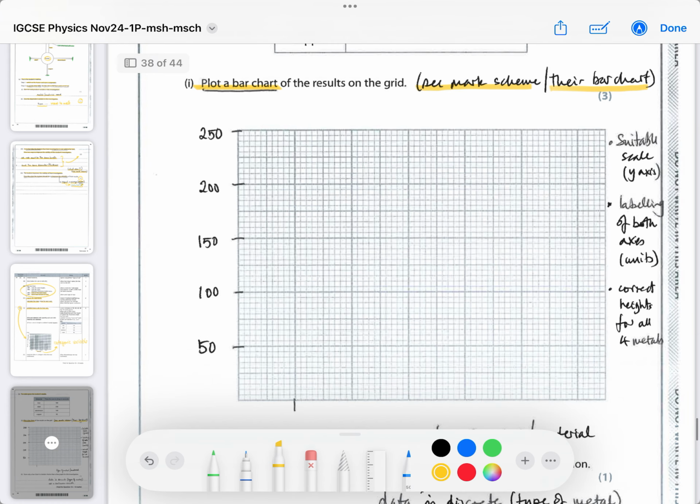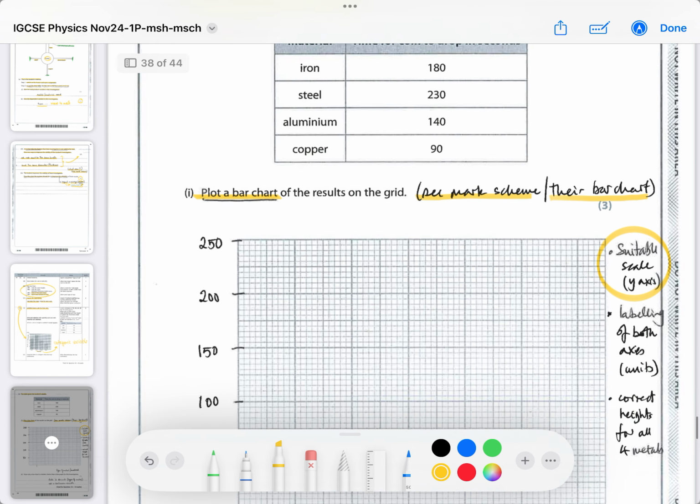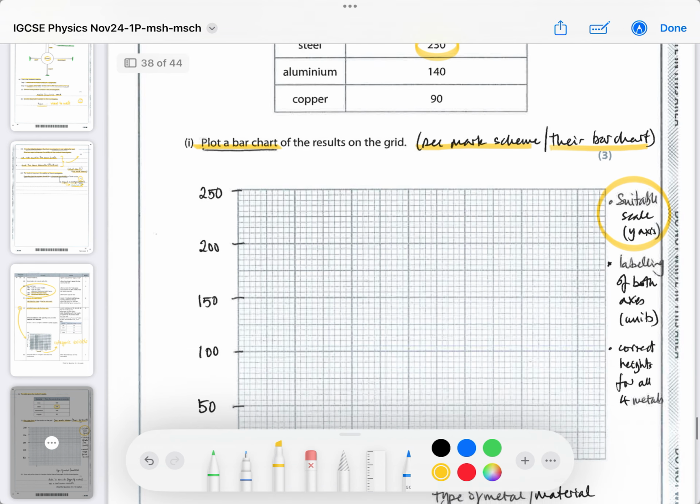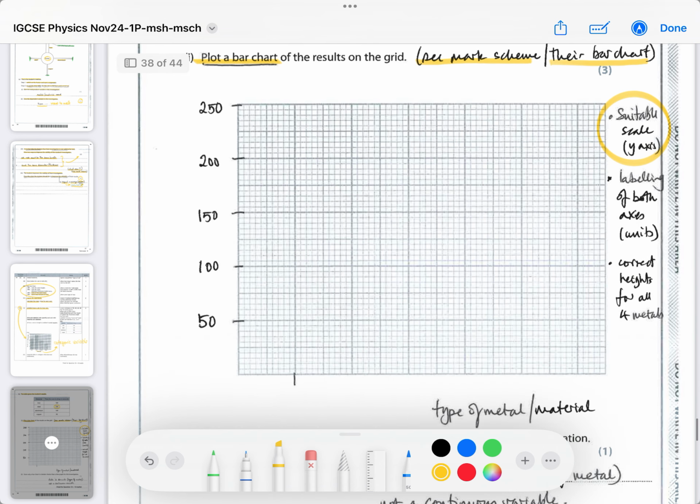You've got to make sure you've got a suitable scale on the y-axis. So going up in 50s would be a suitable scale because it goes up to a maximum of 230. So you've got to make sure you go up in a scale which is easy to use. So we say multiples of 1, 2, or 5.